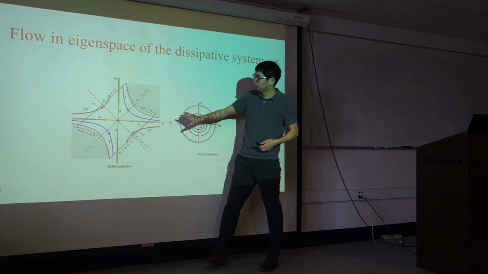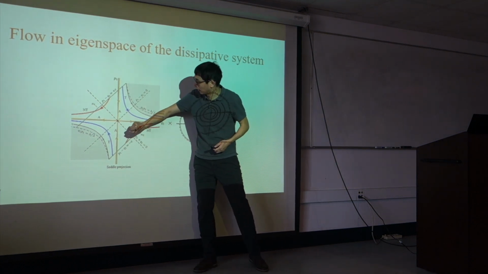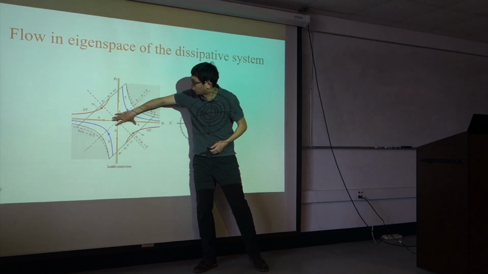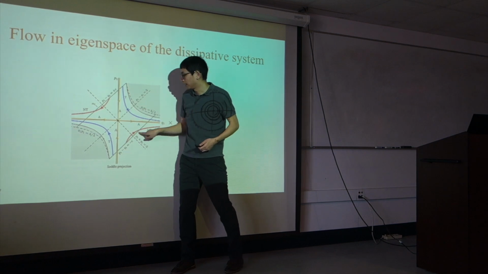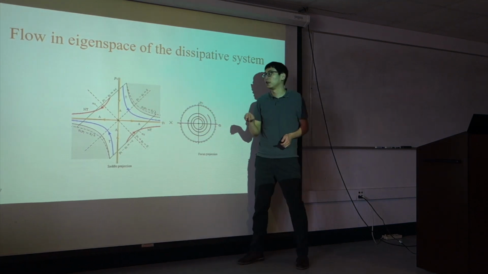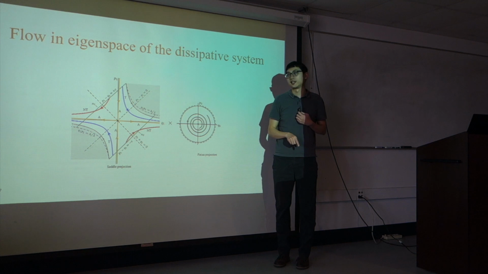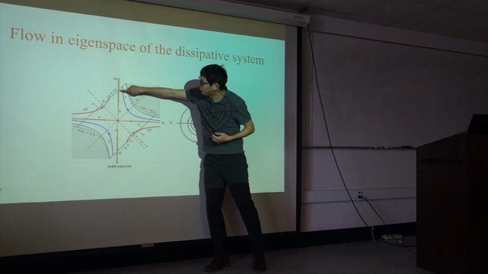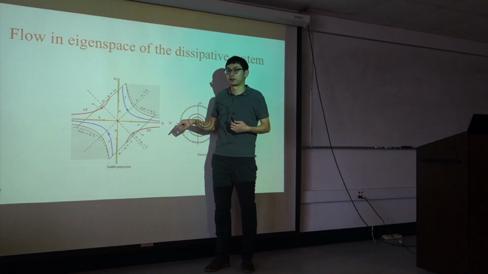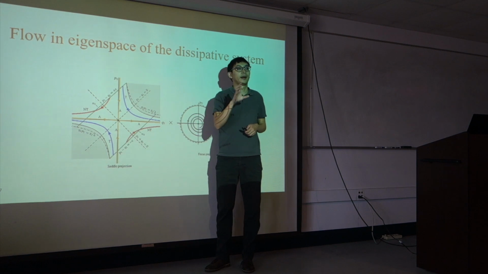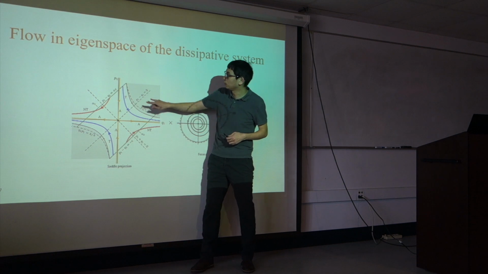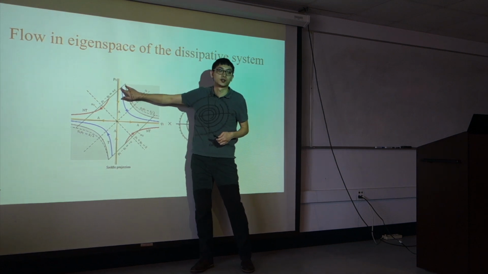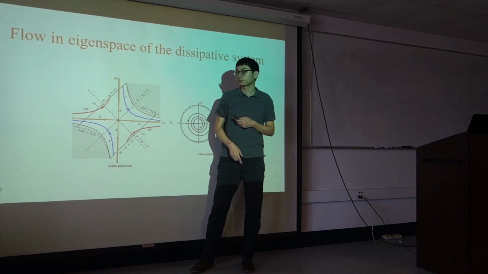Then we have the stable asymptotic orbit, the unstable asymptotic orbit, the transit orbit and the non-transit orbit. The difference between the dissipative system and the conservative system is that the stable and unstable asymptotic orbits are tilted compared with the conservative system. And also, this area for the transition is smaller than in the conservative system.